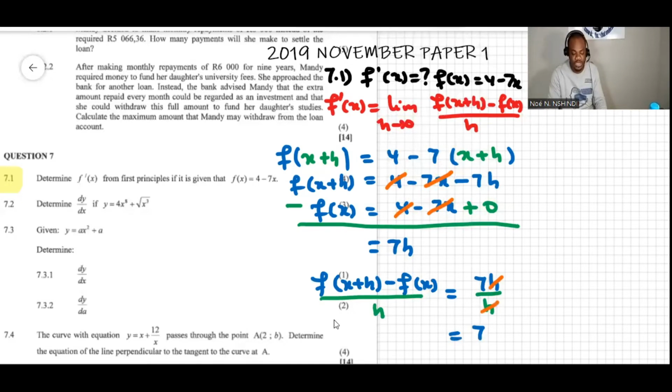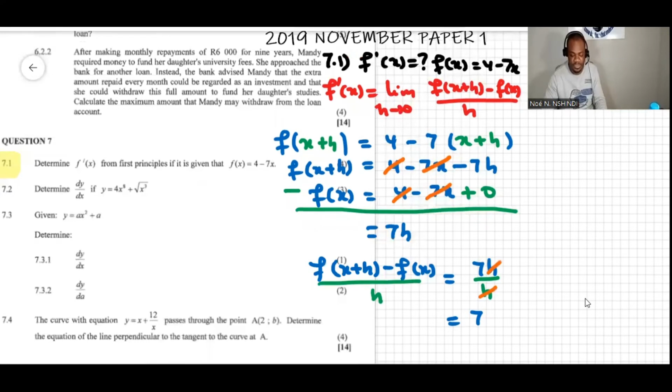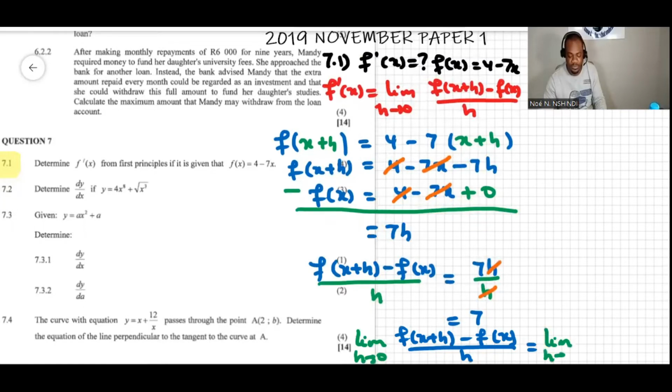I can put the limits here, h approaching 0, on both sides. Let's just do it. The limit of h approaching 0 of f of x plus h minus f of x over h equals the limit of h approaching 0 of 7, right?